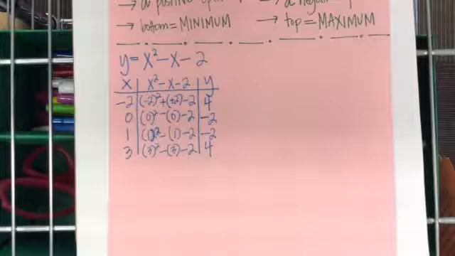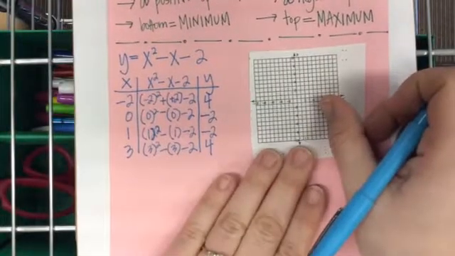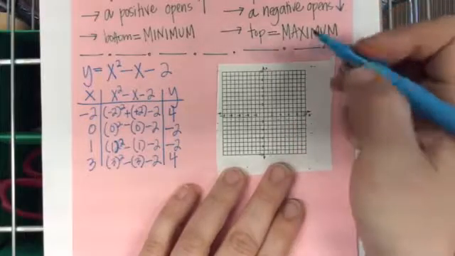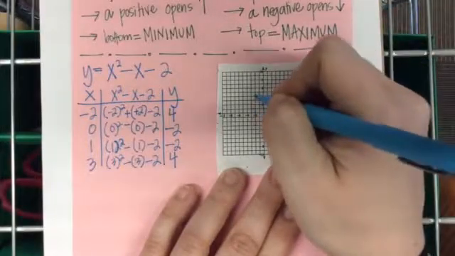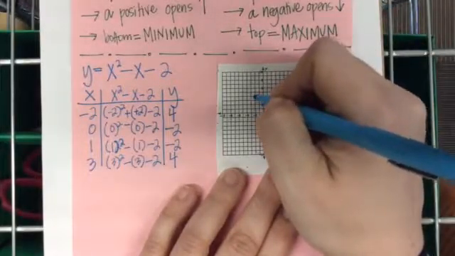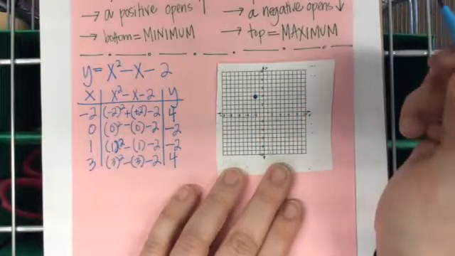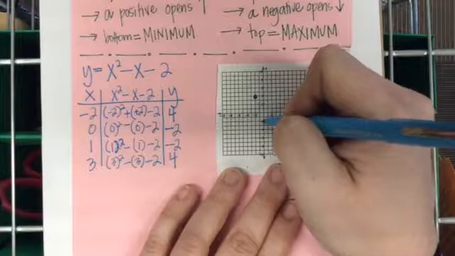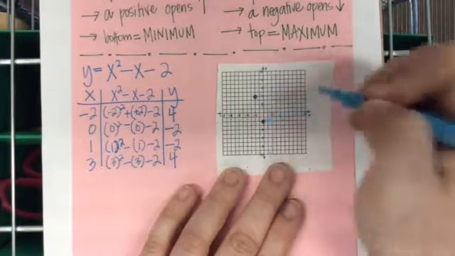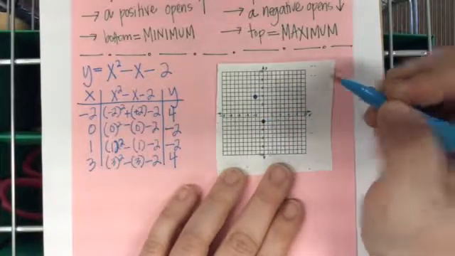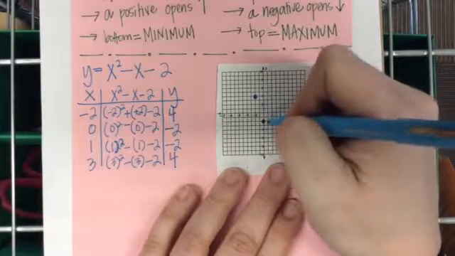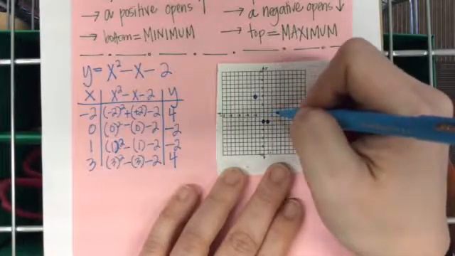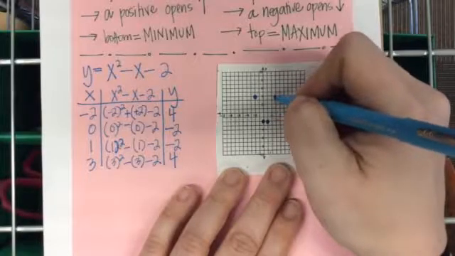All right, let's graph it. -2, 4. 0, negative 2. 1, negative 2. 3, 4.